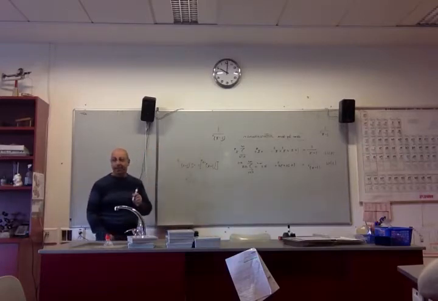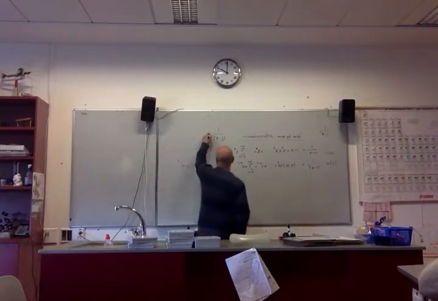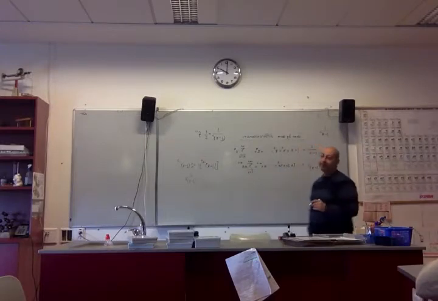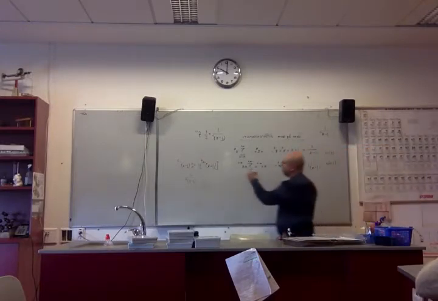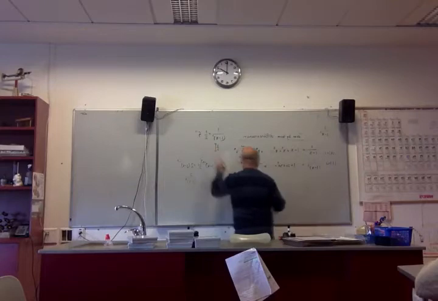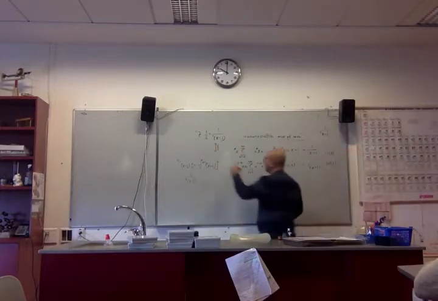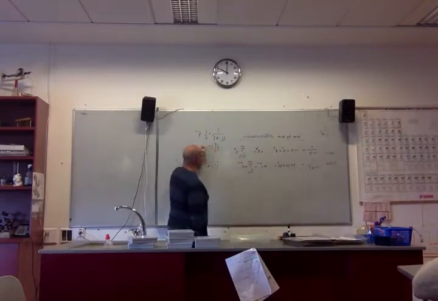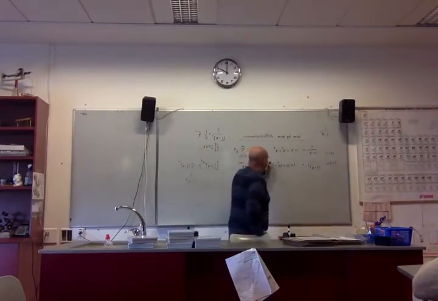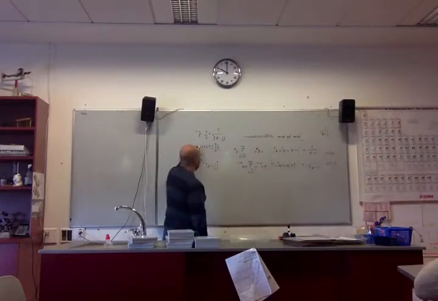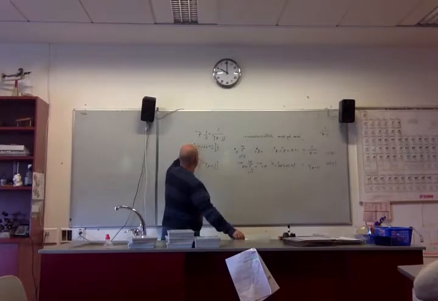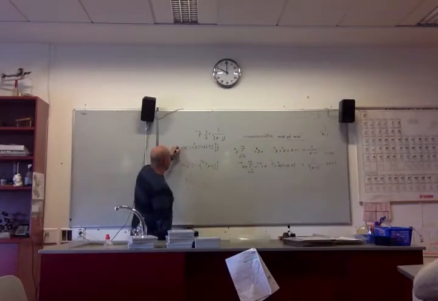In order to find this, it's half of the second derivative. So it's going to be half of the derivative of that. And what's the derivative of that? 2 plus 6x, and the next one is 12x squared. So it's going to be n times n minus 1 times x to the n minus 2.